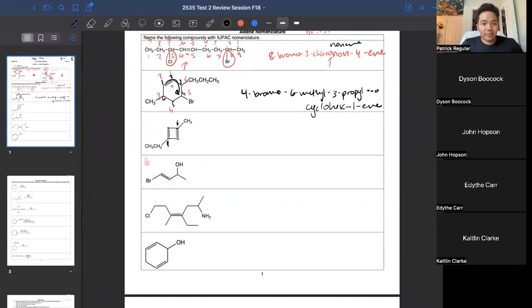The reason being is that they're branches. So if you have a butadiene, that's guaranteed to be 1, 3, no matter which direction you go, you're going to want to start at a carbon that already has a branch on that first carbon. So you have to start at these.